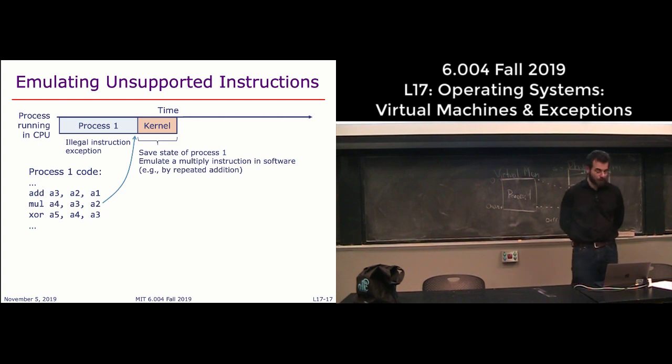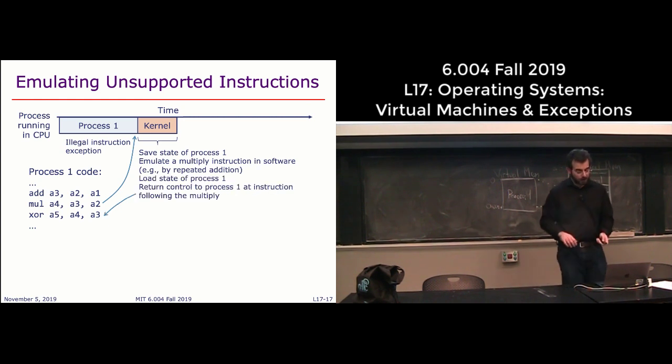It saves the state of process 1 so that the kernel itself can run, and then it figures out, oh, this illegal instruction, I actually understand it. It is a multiply. And so let me call this multiply routine in the kernel that's multiplication by repeated addition. Now I'm going to save the result in register A4. I'm going to load that state again back in normal registers, and then return control at the next instruction. Right?